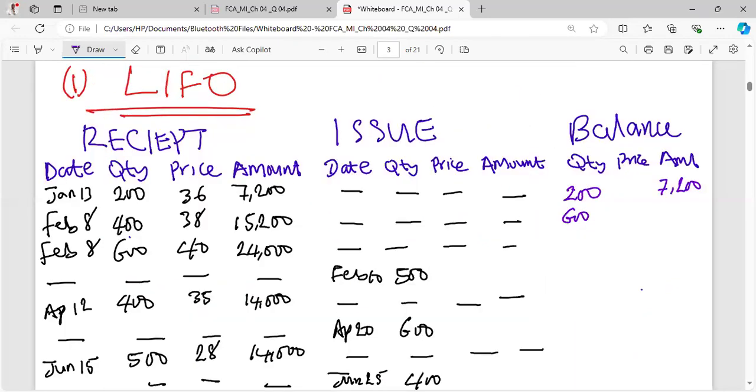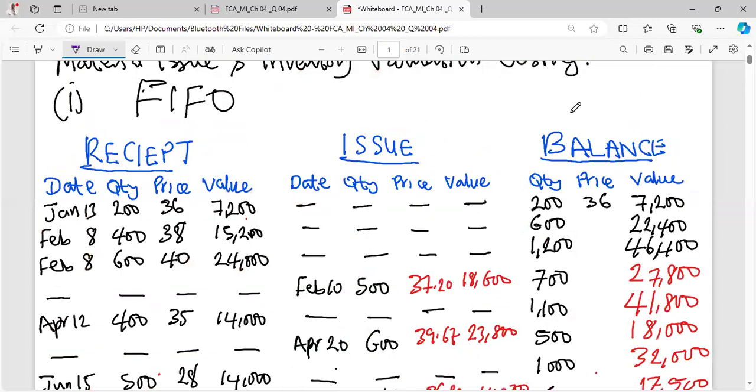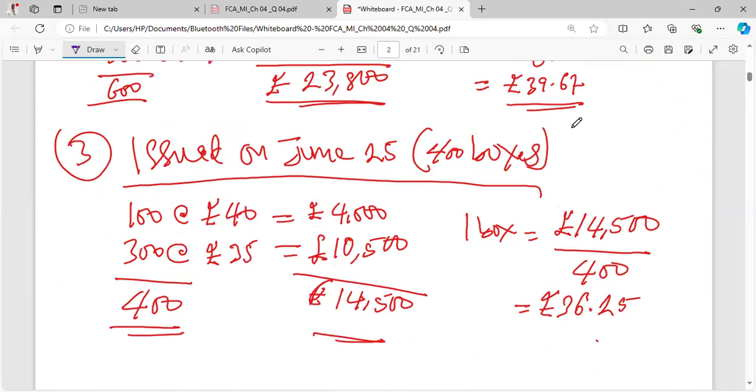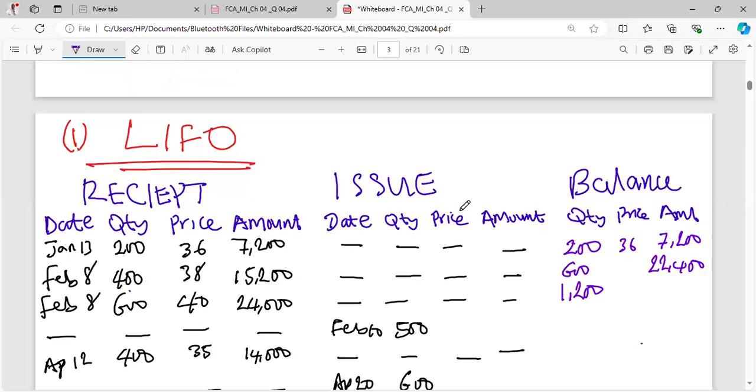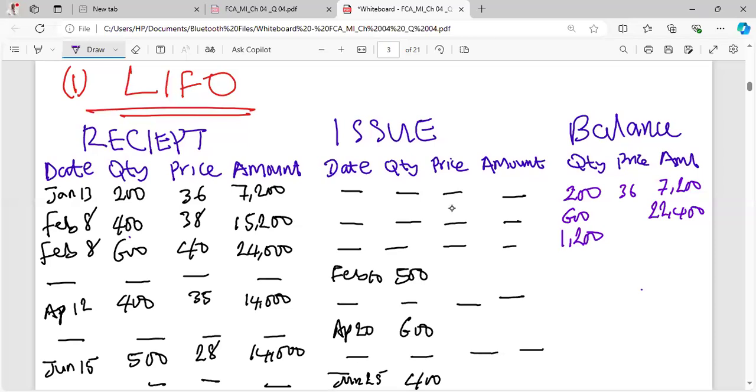You see the same sum? 22,400. Of course, here is price 36. We know that. Then 1,200. How much would that be? 46,400.